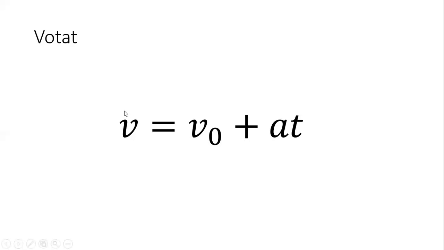But let's see what these symbols or variables mean. First we have here v. v stands for the final velocity or the final speed of something. Then it is equal to v naught, which is the initial velocity.